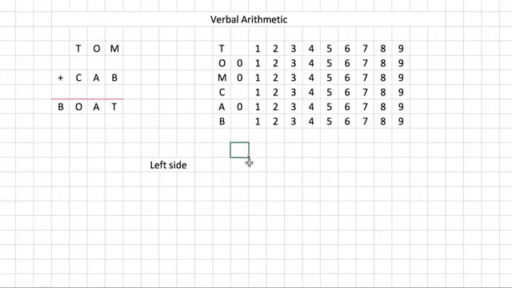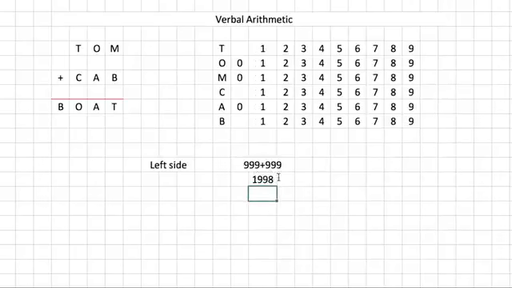Now let's remain on the left side only for now, and see, we have two big 3-digit numbers. What will be the sum of these two? 1998. So it goes to show that however big two three-digit numbers are, the sum will never exceed 1 in the 4th digit.